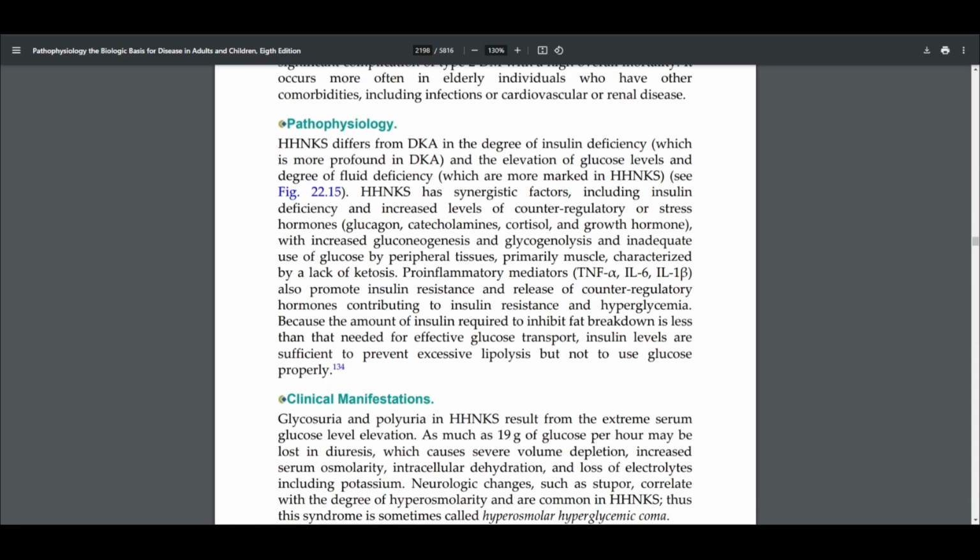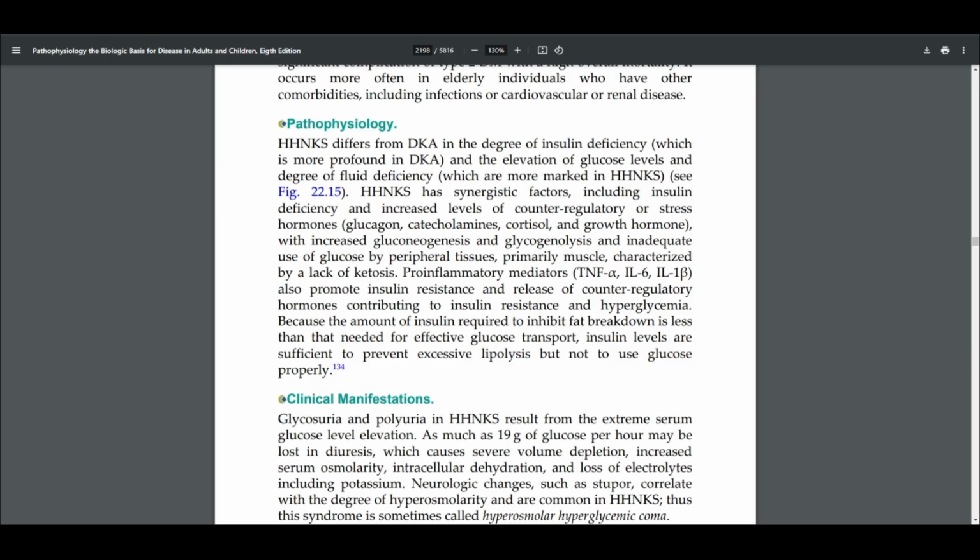Your pathophysiology. HHNS differs from DKA in the degree of insulin deficiency, the elevation of glucose levels, and the degree of fluid deficiency. HHNS has synergistic factors, including insulin deficiency and increased levels of counter-regulatory or stress hormones, with increased gluconeogenesis and glycogenolysis, and inadequate use of glucose by peripheral tissues, primarily your muscle, characterized by a lack of ketosis.